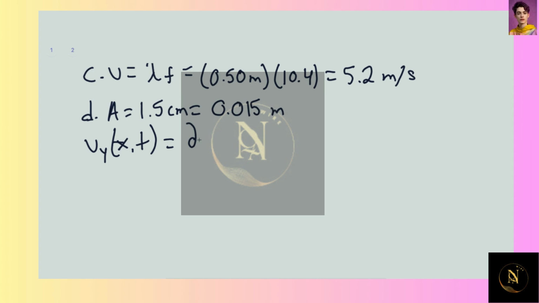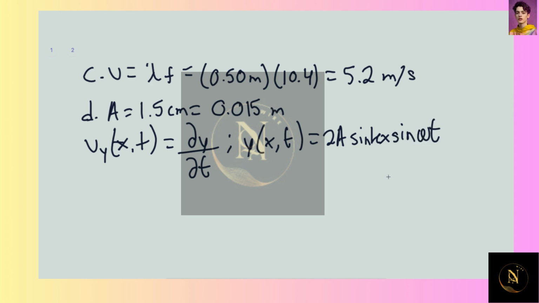This is going to be the partial derivative of the position y with respect to time. We can also make a general equation for y. So y of x,t would be equal to 2A sin(kx) sin(omega t), with k being the wave number.